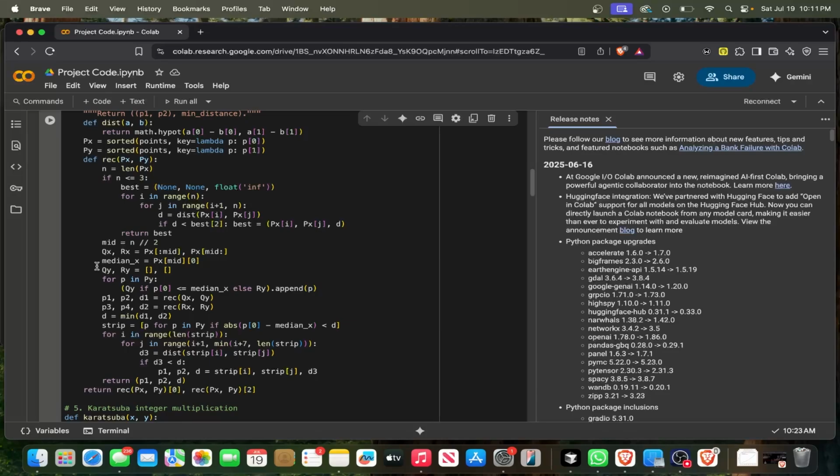We build a strip of points whose x distance from the midpoint is less than d, equal to the minimum of distance 1 and distance 2, already sorted by y. Then we scan the strip, comparing each point with up to 6 neighbors, updating the minimum if necessary. The recursive helper never recomputes subproblems redundantly, ensuring 2 recursive calls per level, plus linear time merging and strip checking.